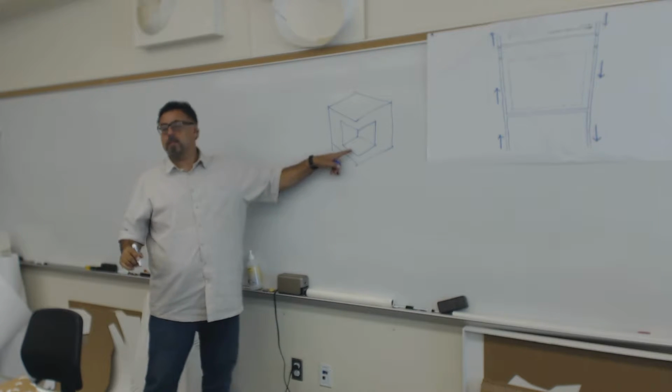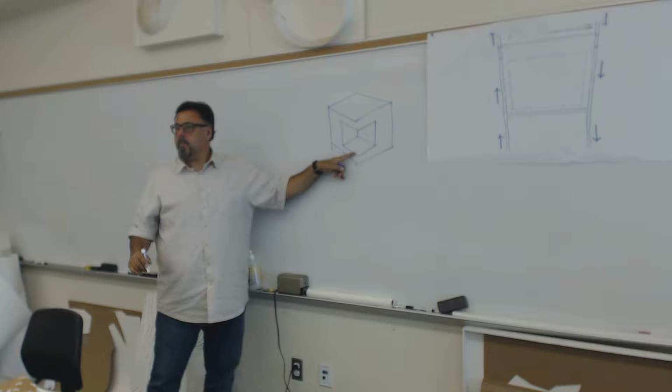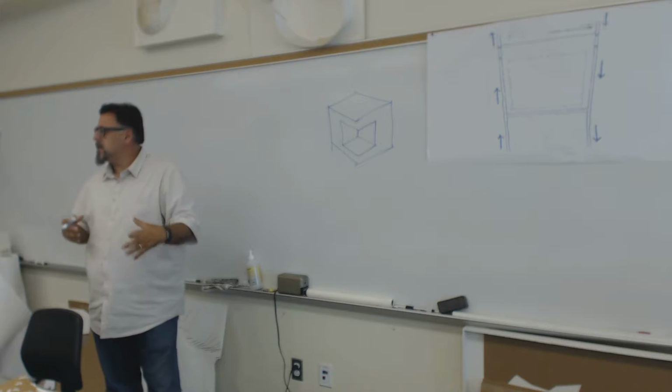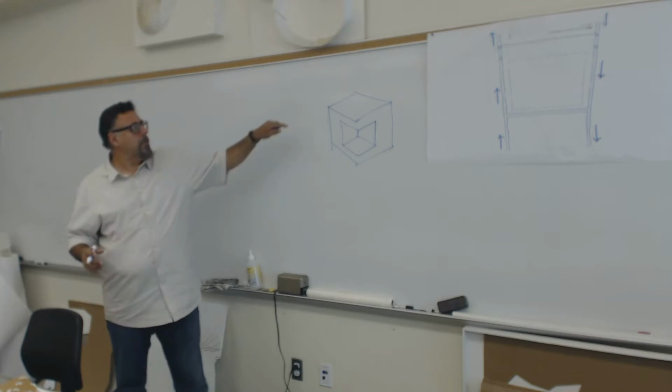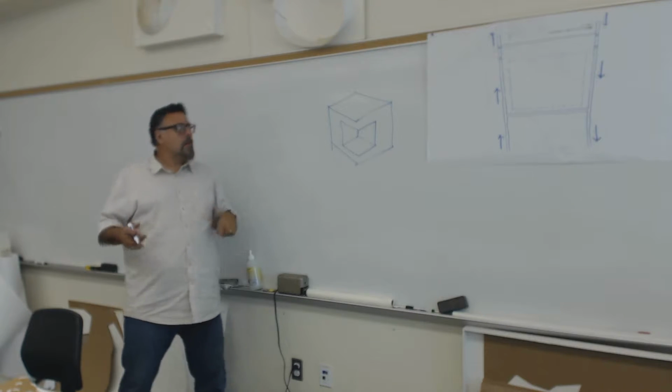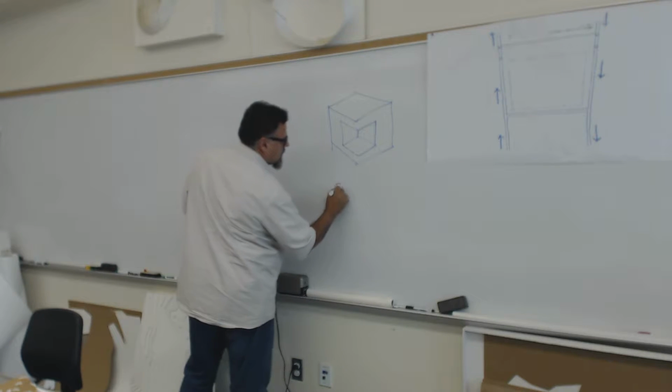And our subtractions were used to create these entry or porch-like spaces that were adjacent to the main space of the object. Correct? So this was a subtractive process.